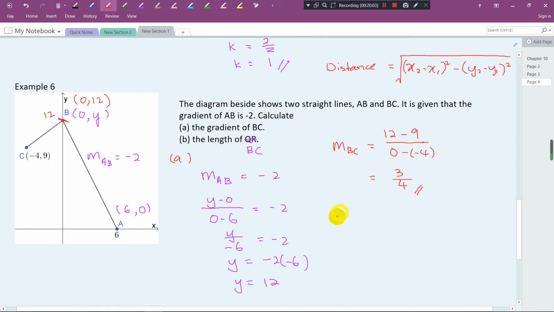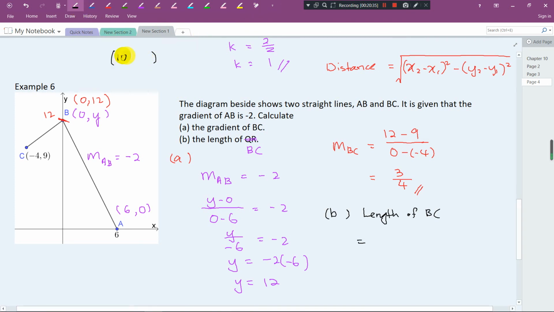Okay, now let's use this formula to get the length. x2 minus x1, 0 minus negative 4, or you want to take negative 4 minus 0, all up to you, is okay, because you have a square, right? Let me use a number to explain to you.